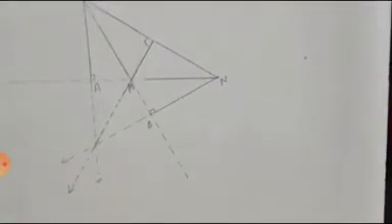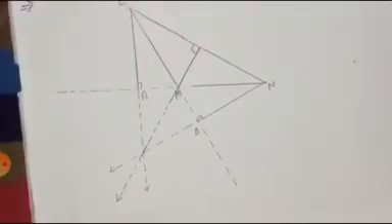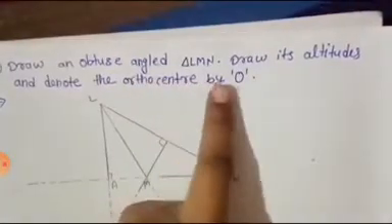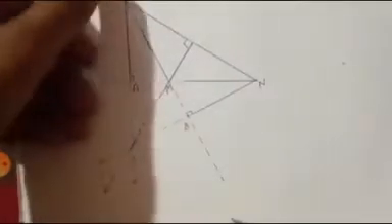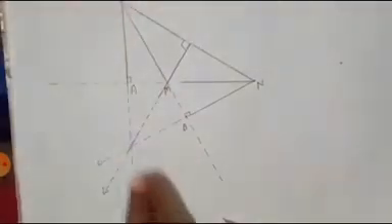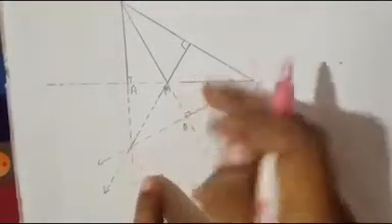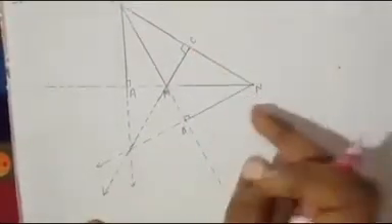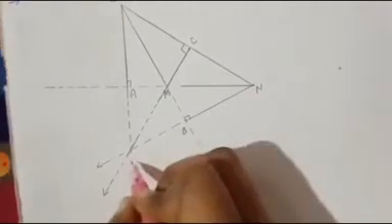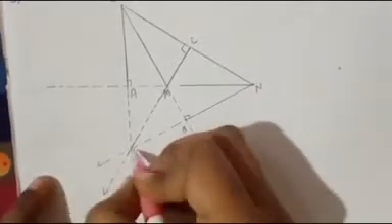Now orthocenter means the three altitudes intersect each other. It is called the orthocenter and it is always denoted by O. So here we get the orthocenter O. Hope you people understood the construction of question 4. Very easy. Straight lines, all the altitudes make 90 degrees, A, B, C, and here the orthocenter we get below the triangle.